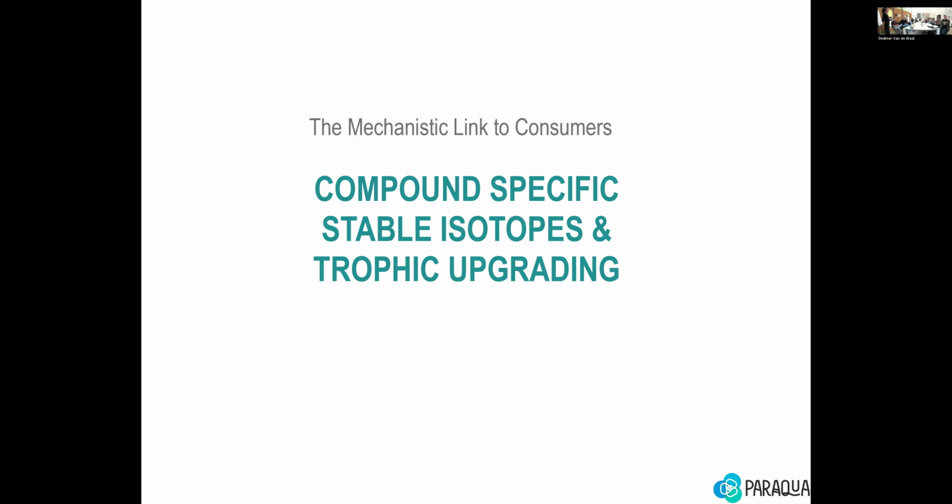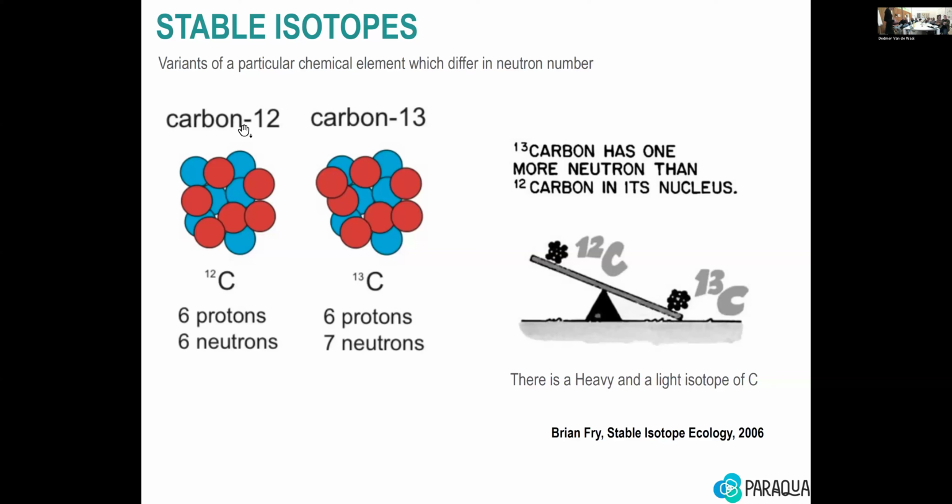So we will now have a look at how to measure the mechanism of trophic upgrading with compound specific stable isotopes. Again, just a short introduction about stable isotopes. I guess you all know what a stable isotope is, but just to explain a bit the mechanism that we were looking at. Stable isotopes are variants of a chemical element which differ in neutron number.